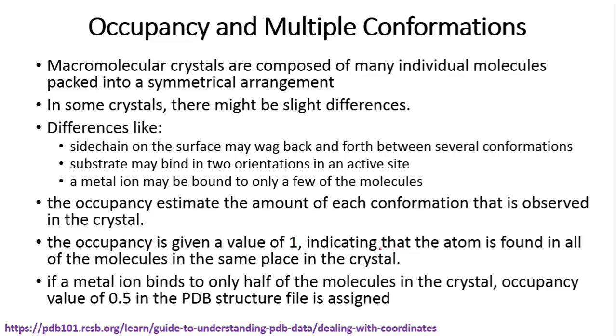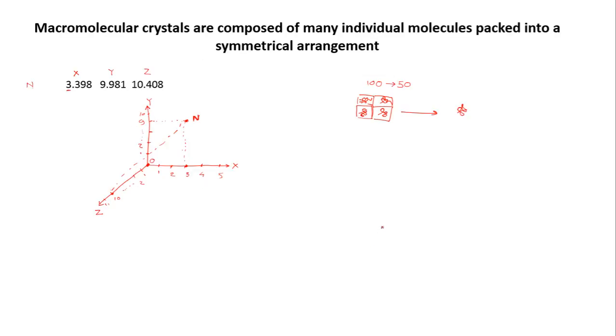that would indicate that the atom is found in the same place in all of the molecules in the crystal. So if the same set of atoms is present at the same location in all of the protein molecules in your crystal, then the occupancy is given the value of 1. If the atom is present only in half of the molecules in your crystal, the occupancy would be given the value of 0.5.